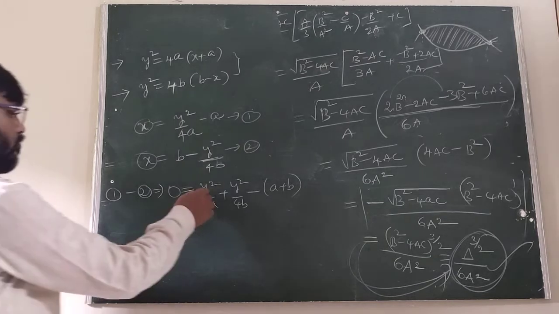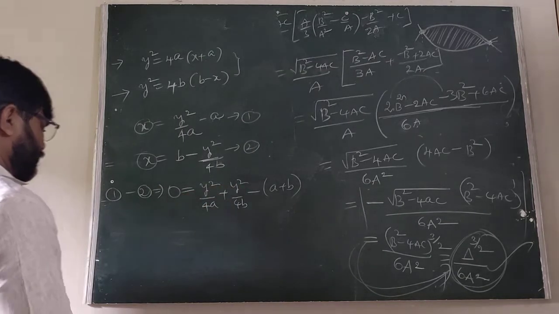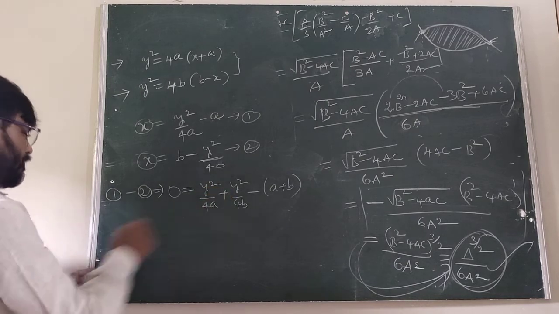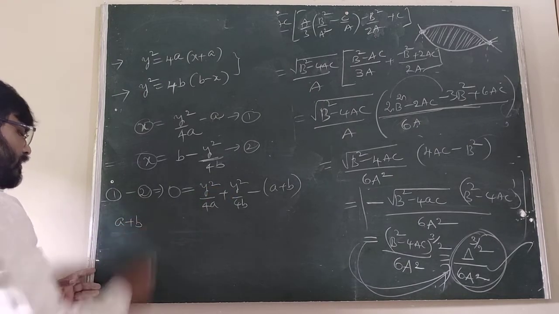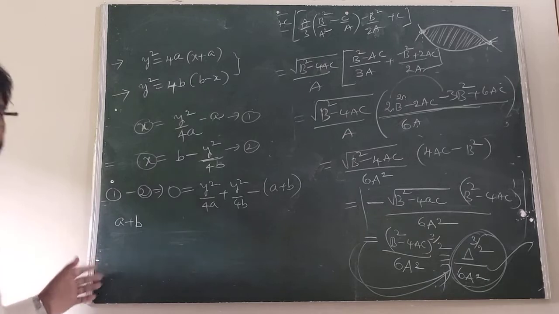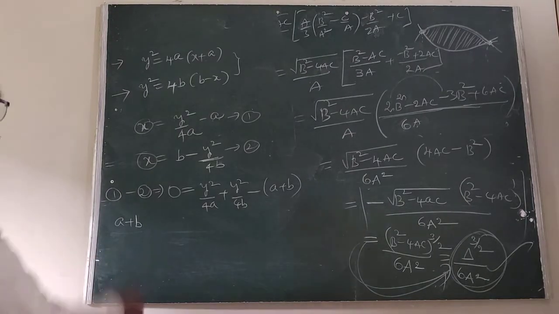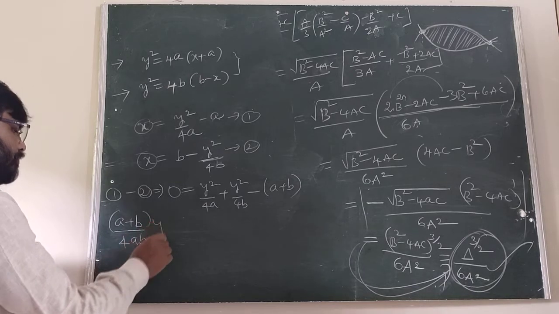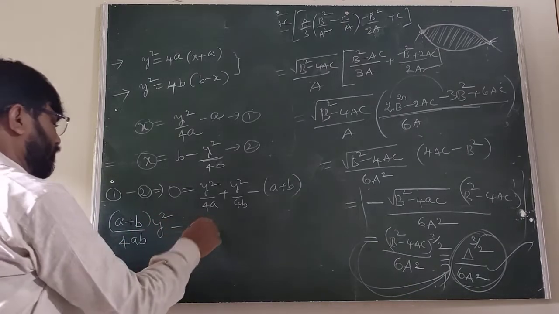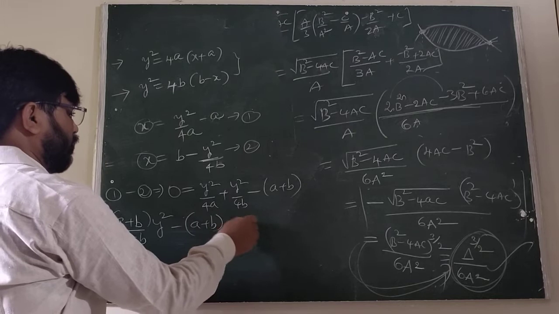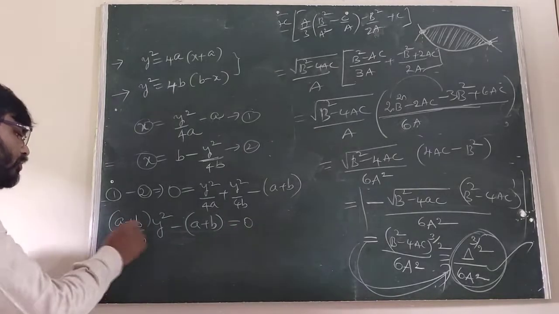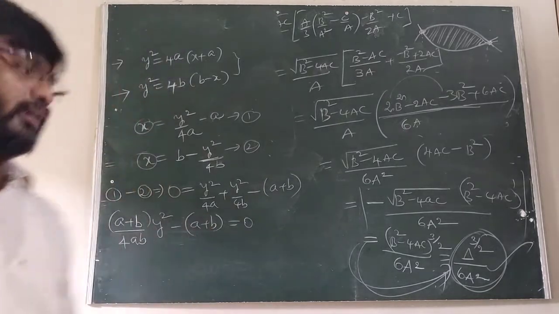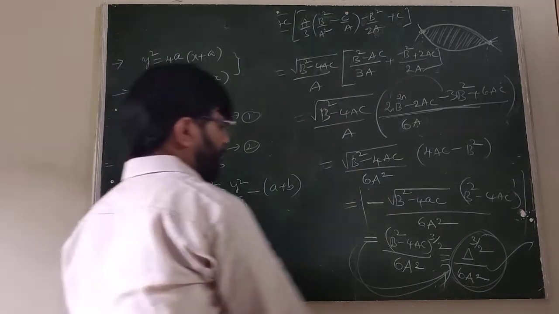After that, y square by 4 is common. Then you can write b plus a, that is a plus b. Is it clear or not? A plus b by 4ab into y square minus of a plus b. What I explained, don't cancel the term a plus b. When you cancel it, undoubtedly you will not get the right answer.